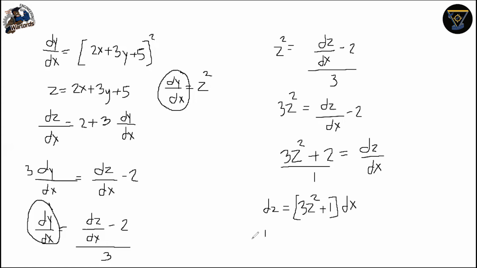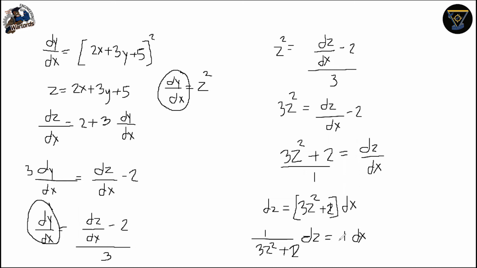So this would be 1 over 3z squared plus 1, then you have your dz, and this is equal to 1 dx. Should that be 3z squared plus 2? Oh yes, sorry, thank you for that. It's supposed to be a 2.